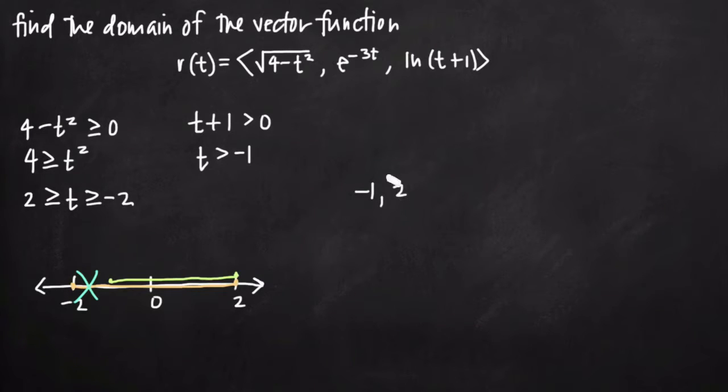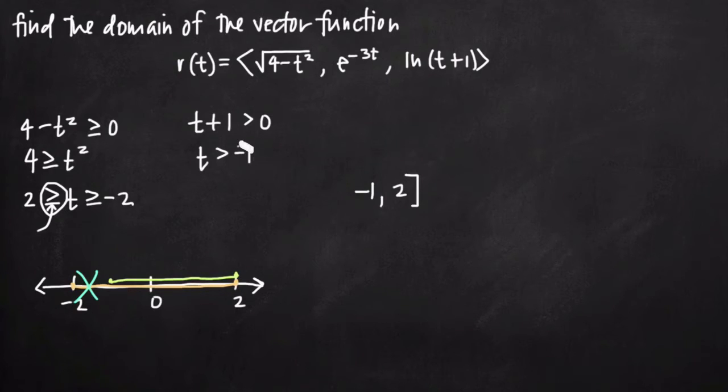All we need to indicate now in our answer is whether or not these endpoints are included. Positive 2 is included because we have this less than or equal to sign, so we draw a hard square bracket like this.